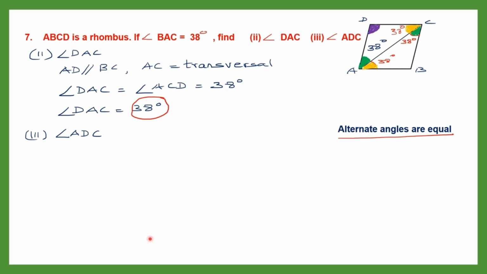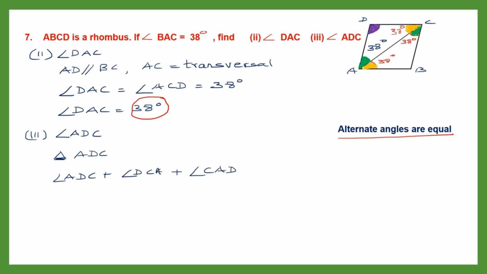Now we can find out angle ADC. Now how can we find out that? In triangle ADC, we can take all three angles, that is angle ADC plus angle DCA plus angle CAD.